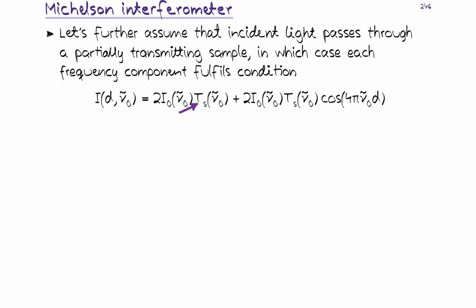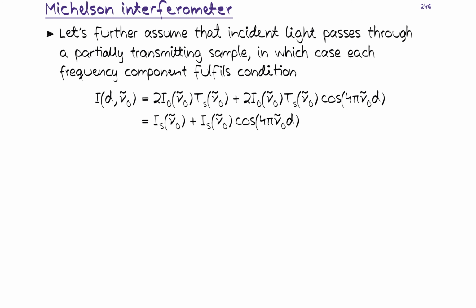This is a value between unity and 0, telling us how much the sample is blocking different frequency components. The first term, which does not give rise to an interference pattern, is also modified with the transmittance function associated with the sample.